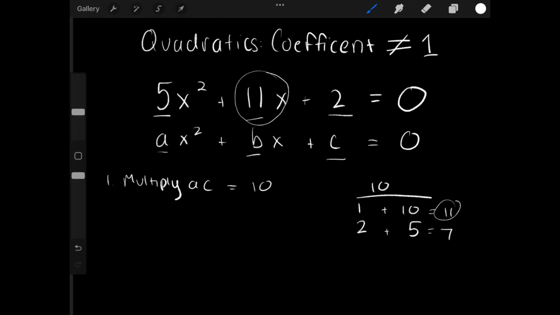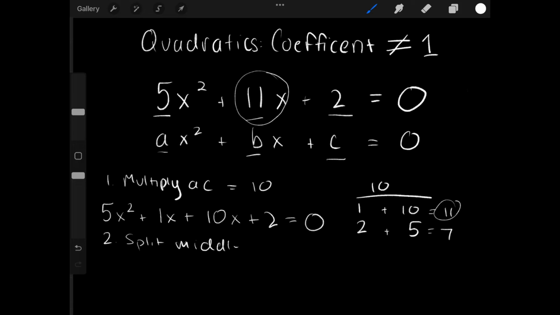So we can rewrite this quadratic equation as 5x squared plus 1x plus 10x plus 2 is equal to 0. So that means our second step is to split the middle term.